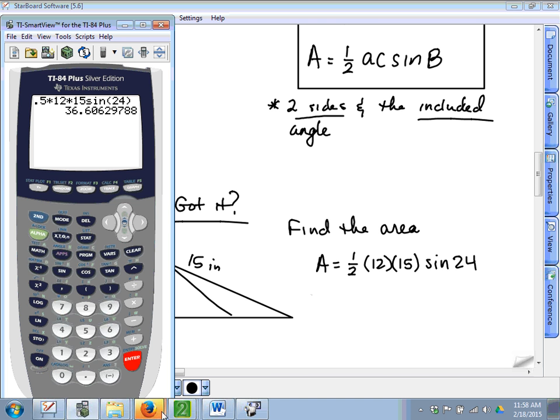Just curious, did anybody's calculator not tell them 36.6? Why is that? You're in the wrong mode. You're probably in radian mode. We've been doing a lot of radians recently, and these are degrees. It's something that you need to think about. So if you change your mode back to degree mode, then it should give you 36.6.